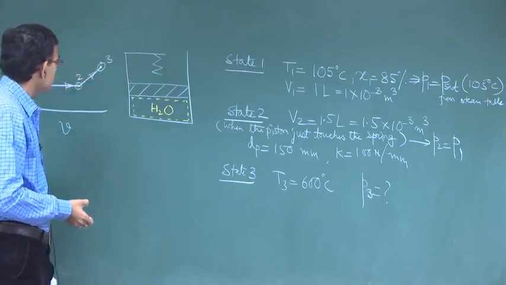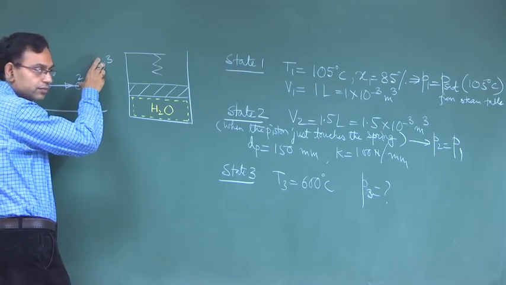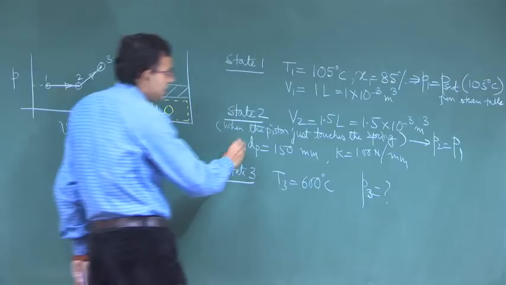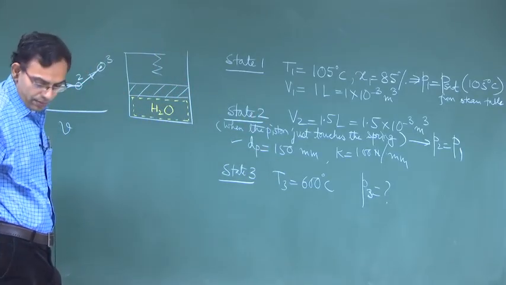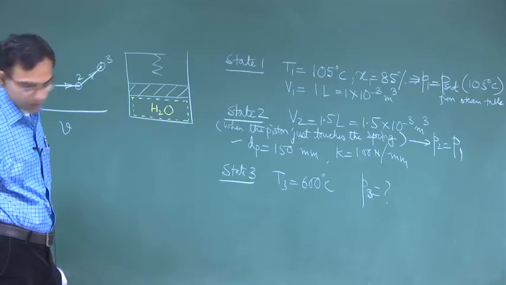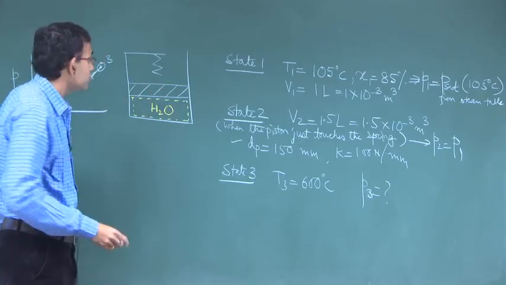Okay. Question is, what is the equation of this line 2 to 3? For that all these details are required. So, let us draw the free body diagram of the piston when it encounters the spring.